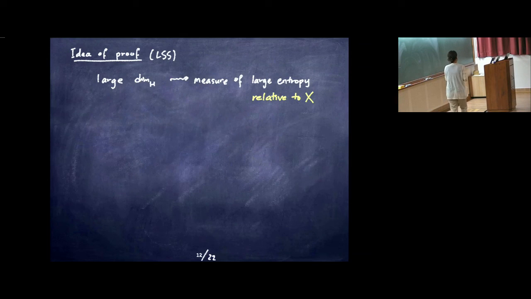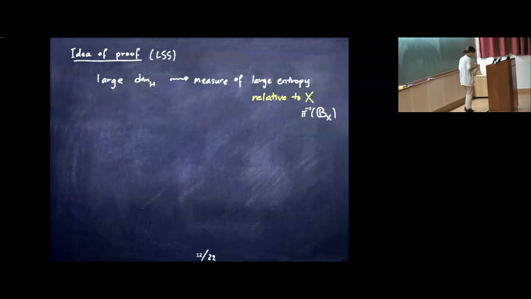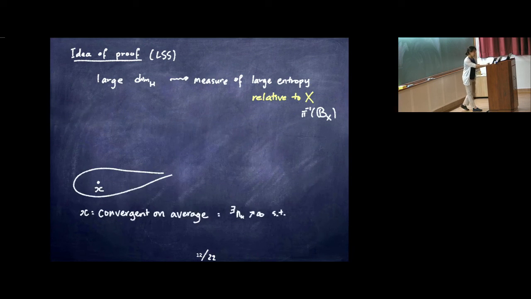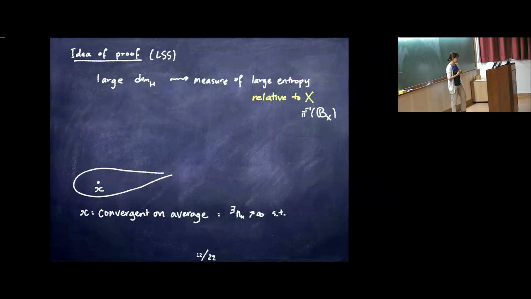By that we mean the relative entropy, given the sigma algebra of the Borel sets downstairs in the space of lattices. So B sub X is the sigma algebra of Borel measurable sets on X, the space of lattices, and we are taking the entropy relative to that sigma algebra. Now the assumption was that X is convergent on average.